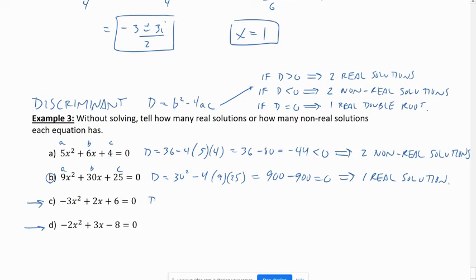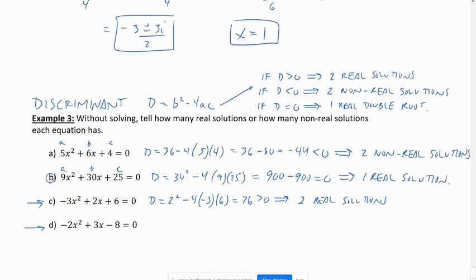For C, the discriminant is 2 squared minus 4 times negative 3 times 6. That is 76, which is positive. That tells us there are 2 real solutions.